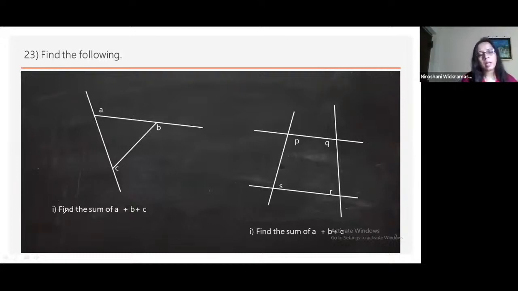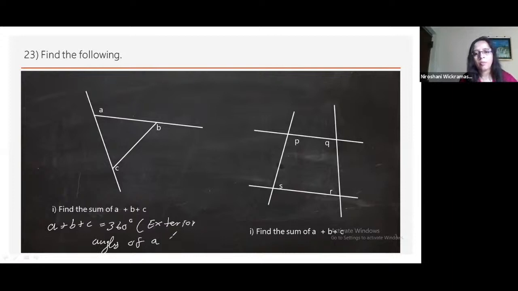Here, find the sum of a plus b plus c. Then a plus b plus c is 360. What is the reason for that? Exterior angles of a triangle. Find the sum of P, Q, R plus S. So what can we say?